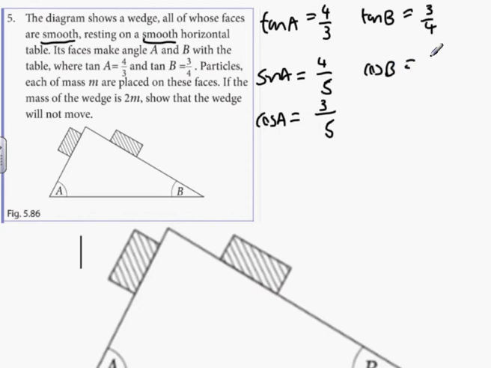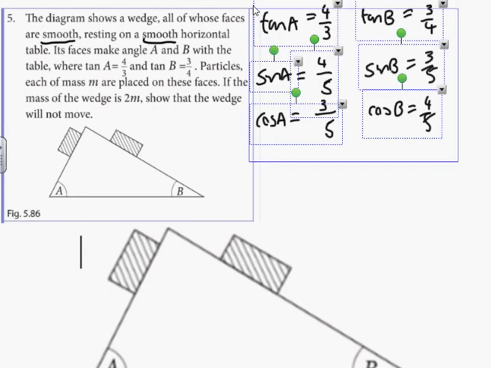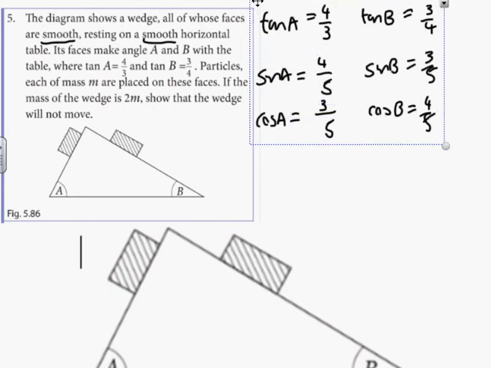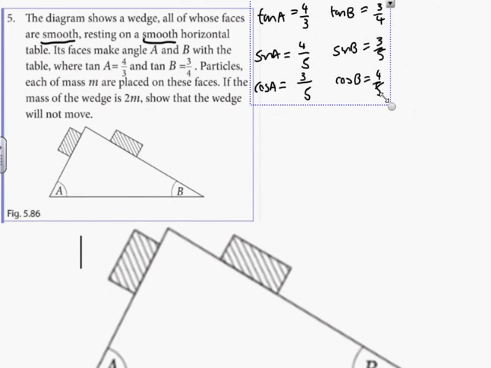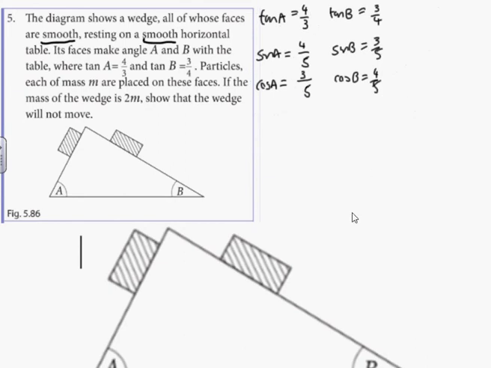Sine B is 3 over 5, and cos B is 4 over 5. So just get that done out of the way to start, and then just leave it up there for later on.